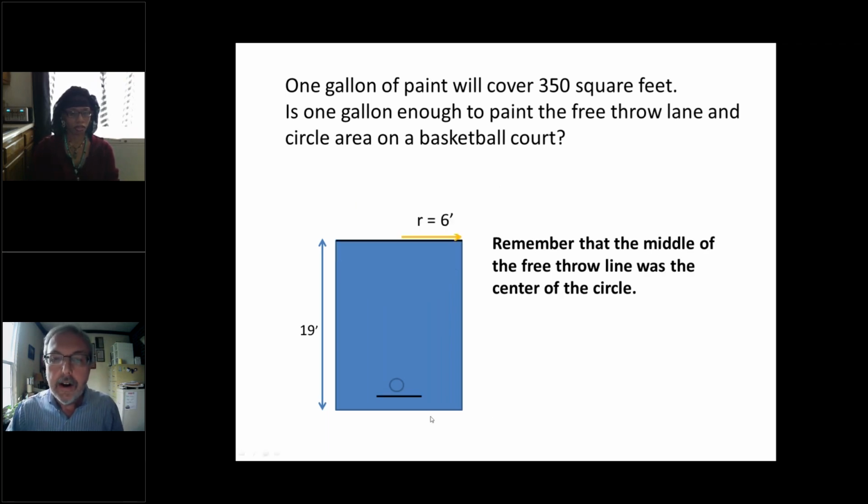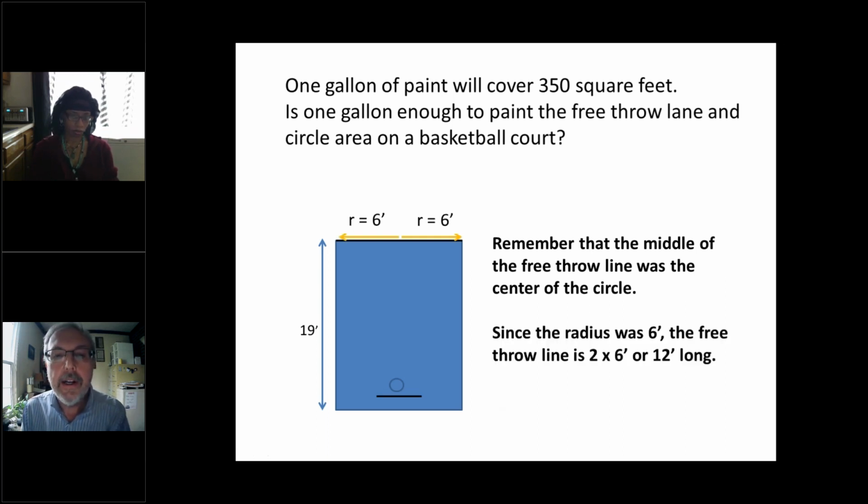Okay, all right, so first we're figuring out the area of the rectangle. So we'll check your work here. We said that that was a radius of 6 feet there. So the length of that free throw line is 12 feet, which we've already figured out.